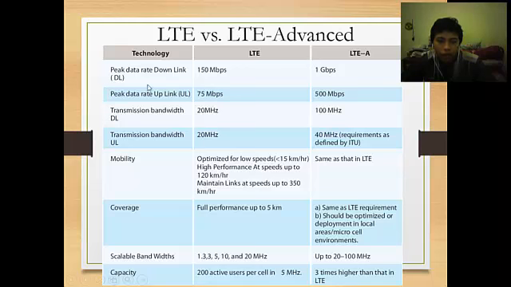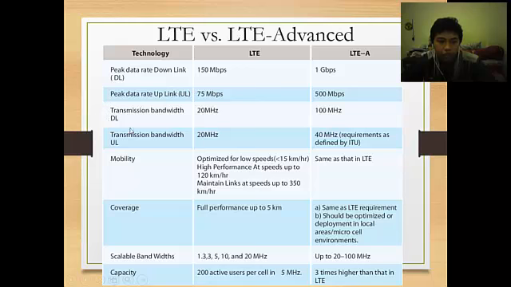And then number 2 is peak data rate uplink. On LTE, it's just 75 megabit per second, and on LTE Advanced it is higher, 500 megabit per second.